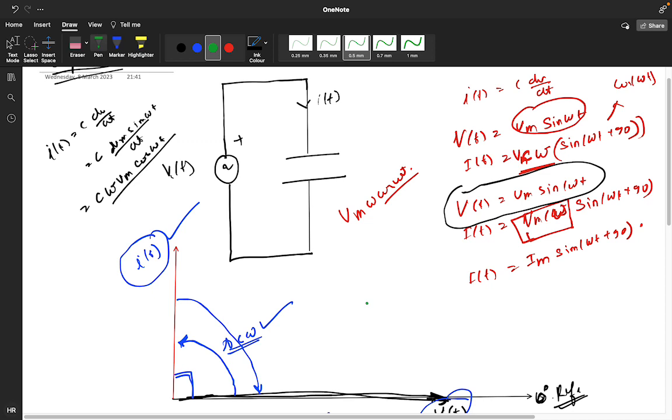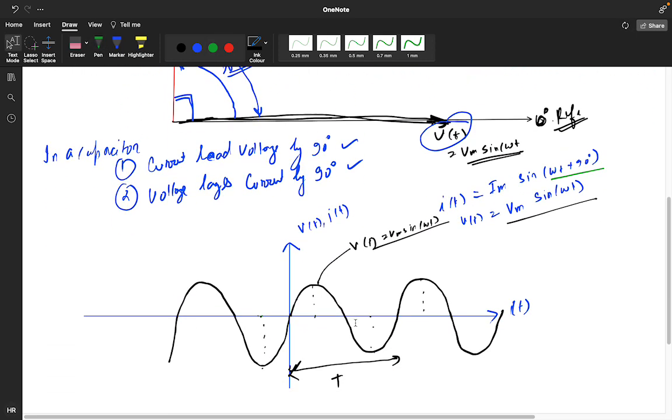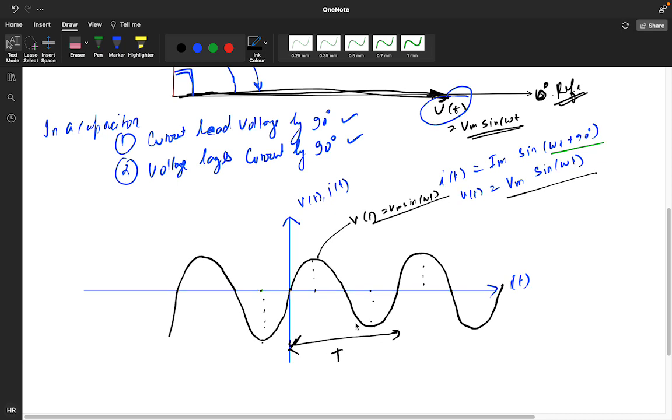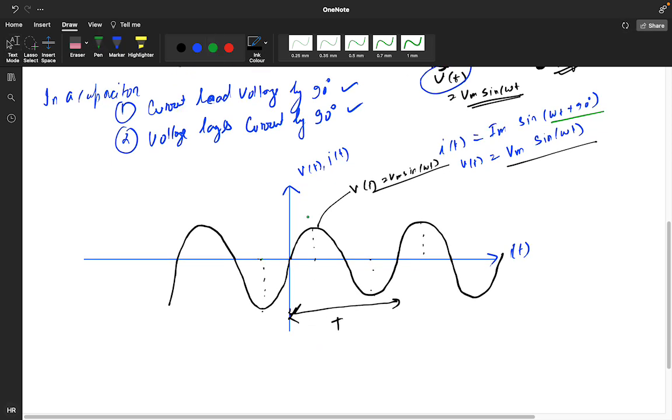Vm into C omega is your Im, so I am assuming this C omega value is greater than 1, and that's why I am assuming Im is greater. It may be less also.